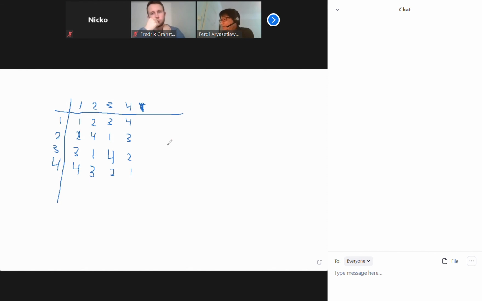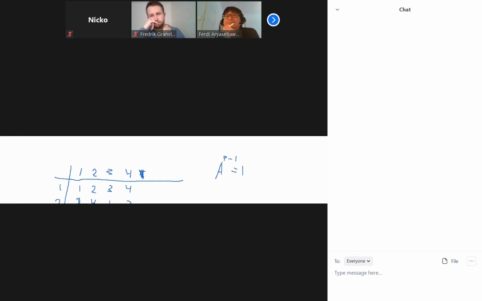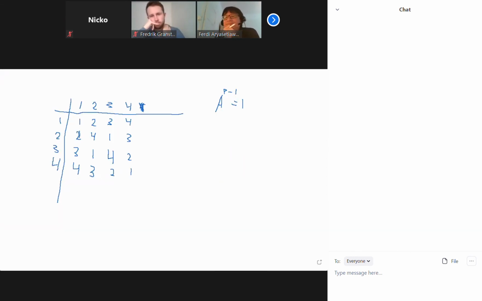Right. So for C, we want to show that a to the power of p minus 1 is equal to 1 for each element in the group. Yes. And I did it with the rearrangement theorem, or a similar version of it. Okay. So, how do you do that?